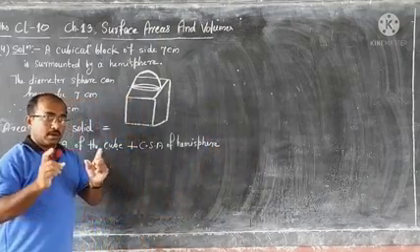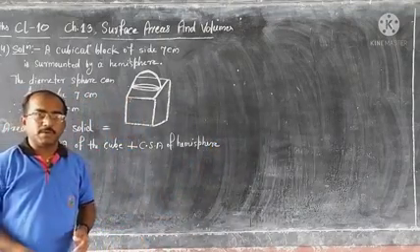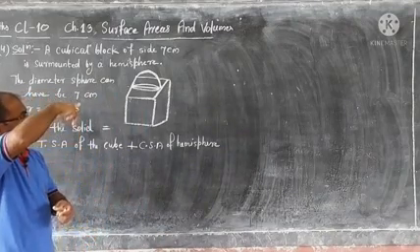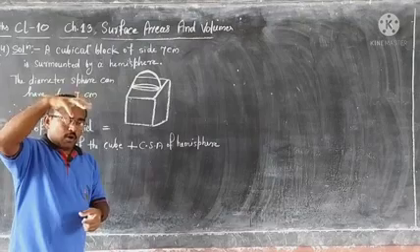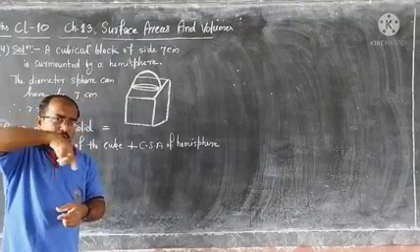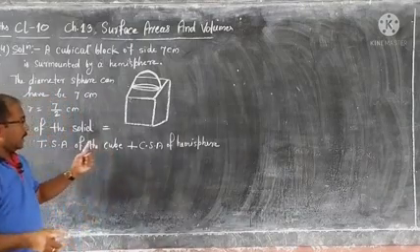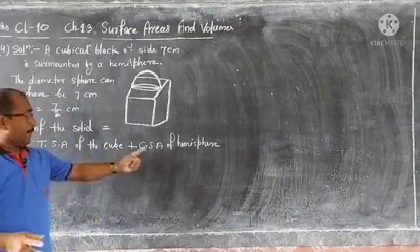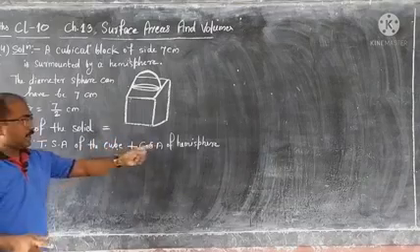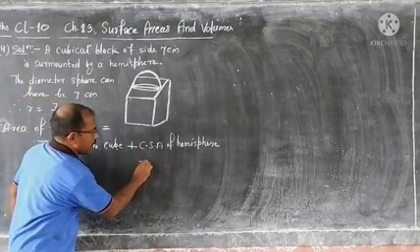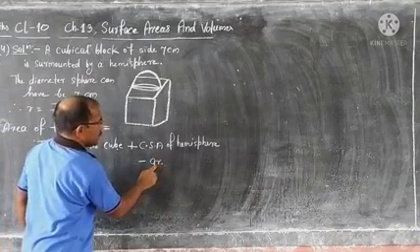But something else will happen there. When the hemisphere is attached with the cube, that area is coming 2 times in this. Here it is attached already with the hemisphere. So, that portion area we have to subtract. What is that?